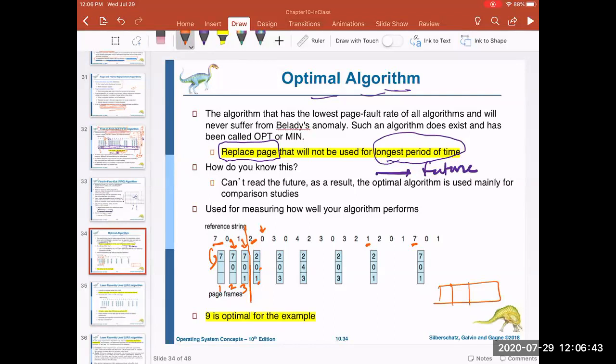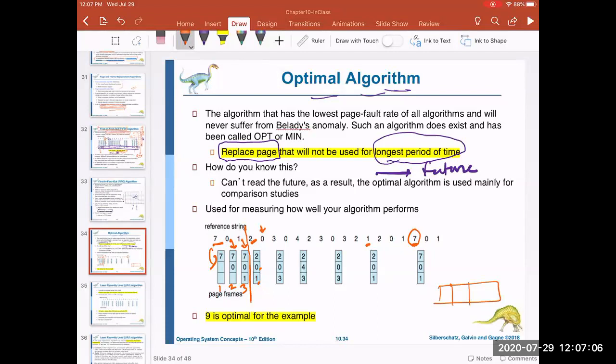Any answers? Which one do you think is not going to be used? The answer is already there, so it is just your understanding. It is going to be the 7, because 7 is going to be used much after the other frames in the queue or in the memory.